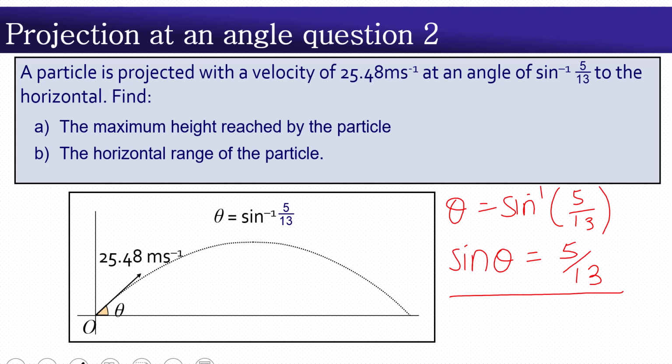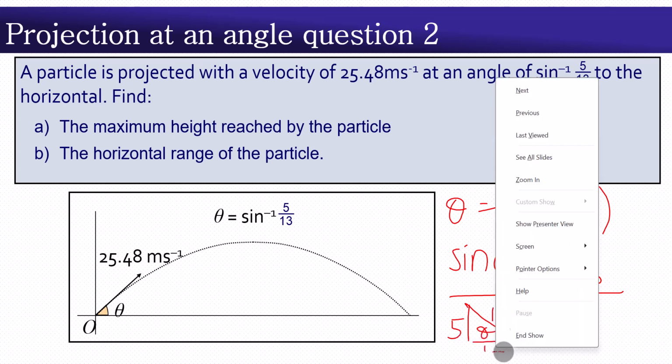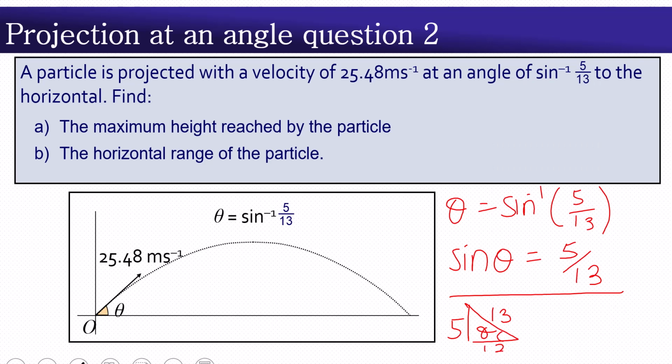So if you draw your triangle and put your theta maybe here, then the opposite will be 5 and the hypotenuse will be 13. If you look for the adjacent, you will find that it is 12. So you can still look for cos of theta, and your cos of theta will be equal to adjacent out of hypotenuse, which will be 12 out of 13.